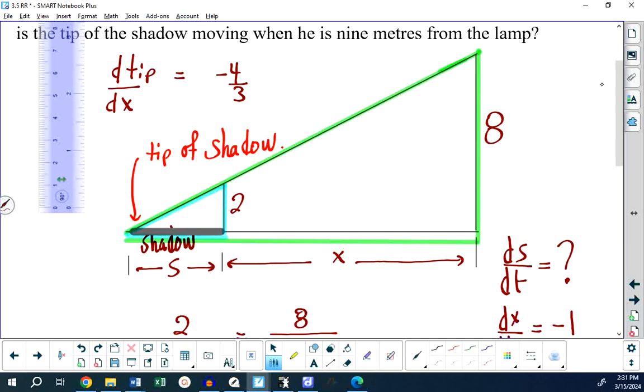How many of you follow this logic? That the man is moving this way at 1 meter per second. He's dragging his whole shadow to the right at 1 meter per second. So if the shadow weren't shrinking, which would be weird, the tip of the shadow would already be moving that way at 1 meter per second. But it's also shrinking at 1/3 of a meter per second.